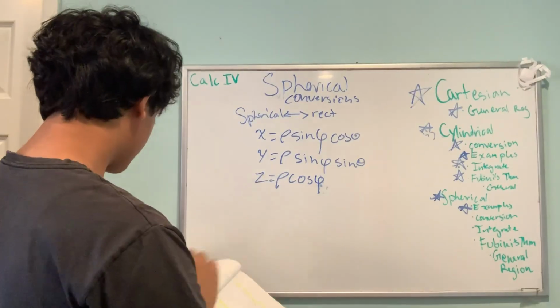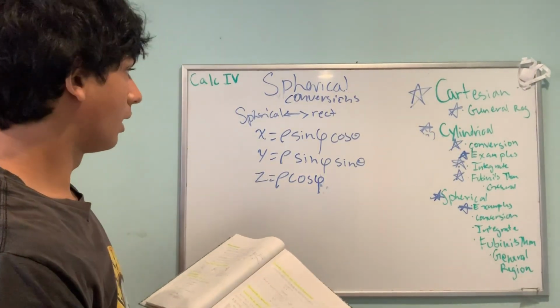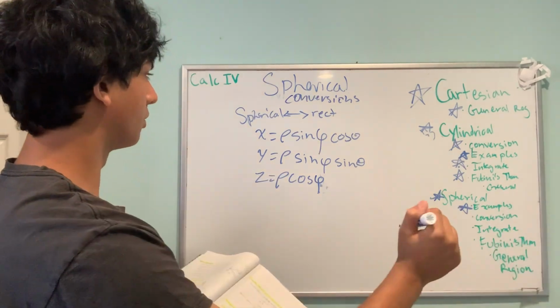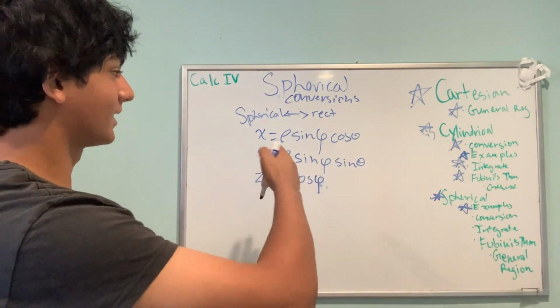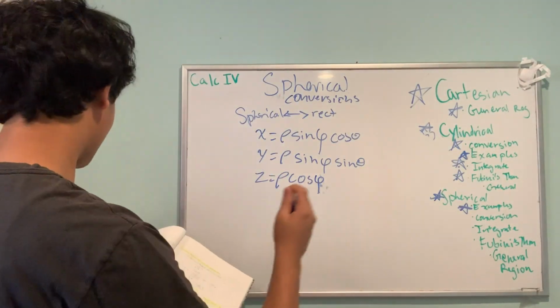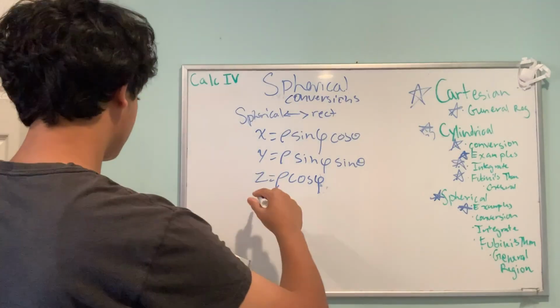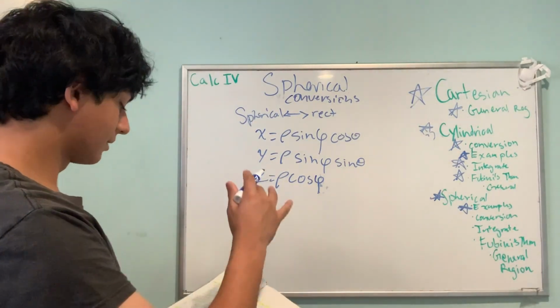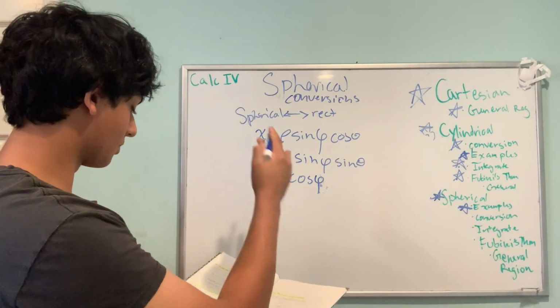Now let's do spherical to rectangular. Or no, sorry, other way around. This is how you go to rectangular from spherical. Now let's figure out rectangular to spherical. This is how you go from spherical to rectangular.